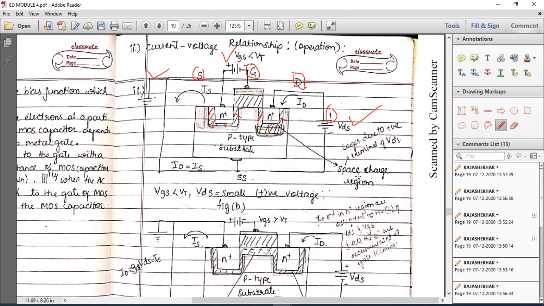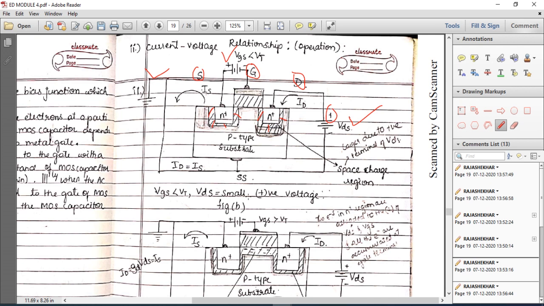The same thing is shown here: the space charge region, or depletion region, created between N and P type material. So this is the condition when VGS is less than VT and VDS is a very small voltage.